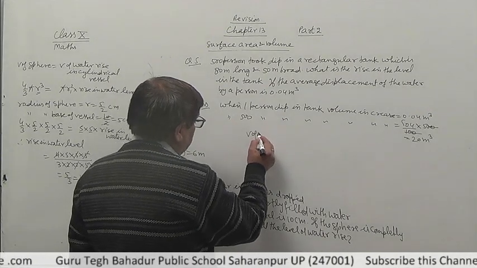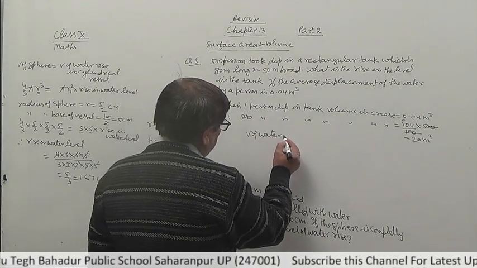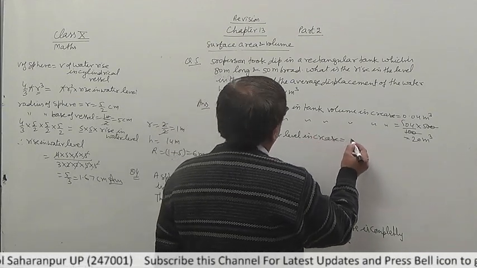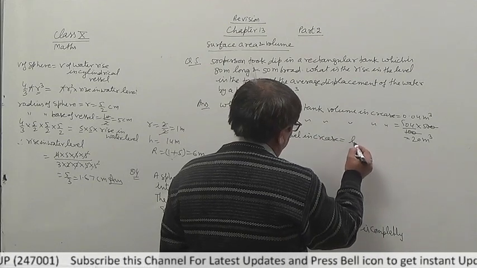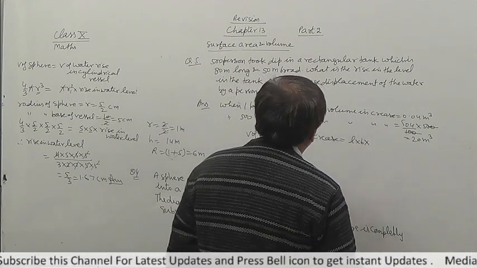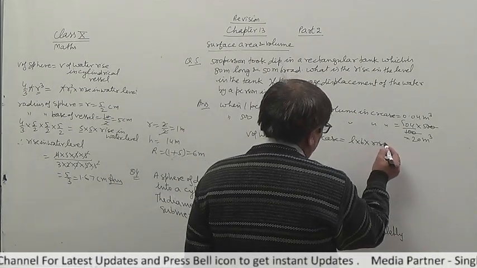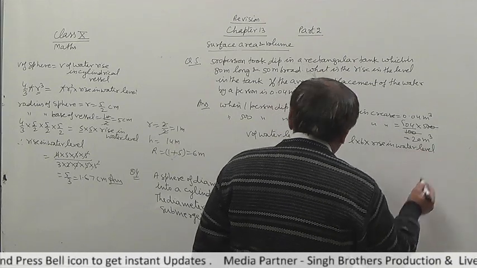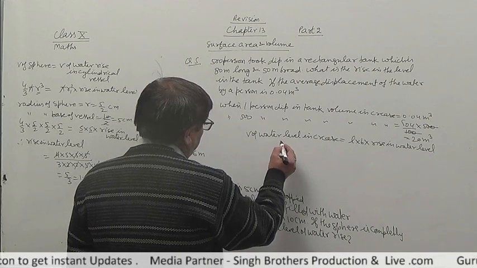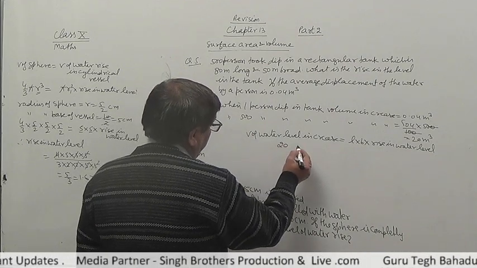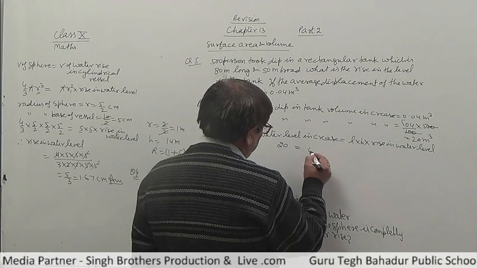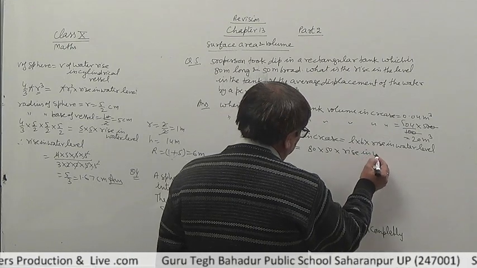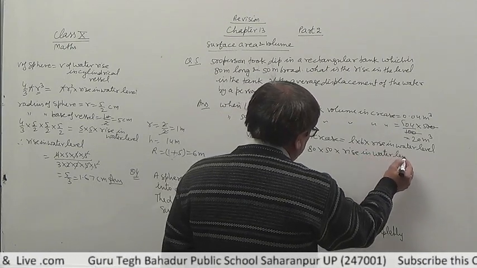So volume of water level increase is equal to length into breadth into rise in water level. Volume of water increase is 20. Length is 80, breadth is 50 into rise in water level.